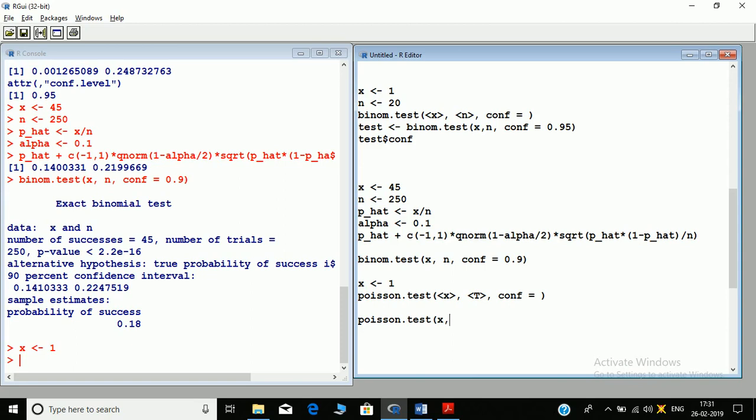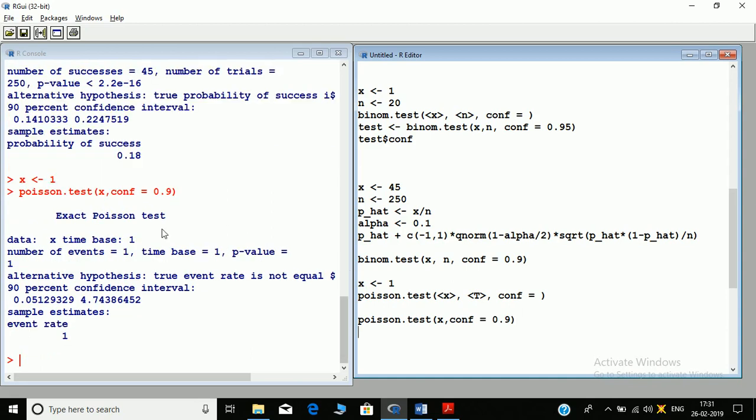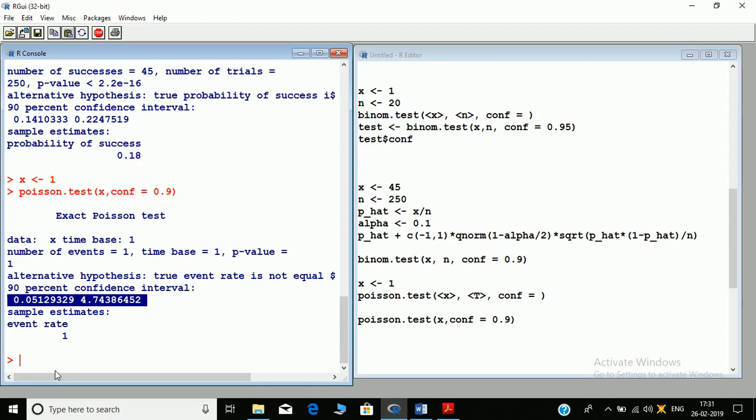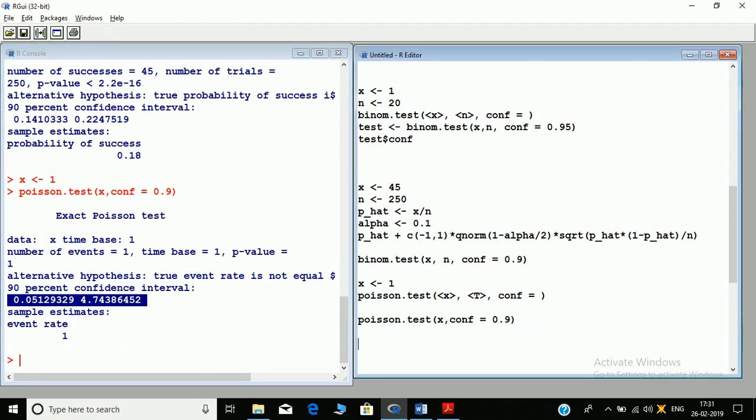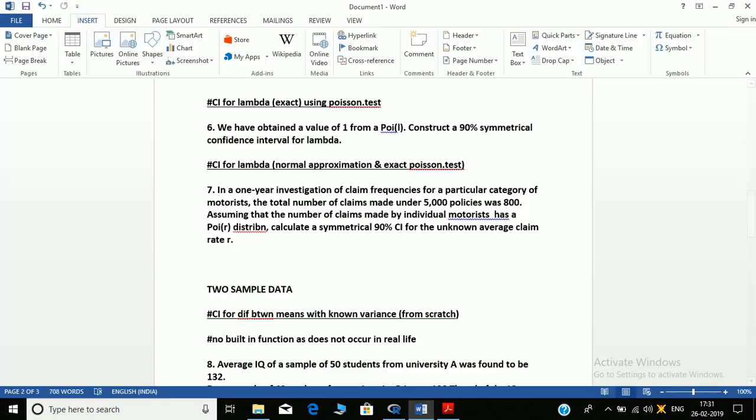T is nothing, so we will assume it's 1. We don't have to write it because default is 1. And then confidence level equals 0.9. So I get the exact Poisson test. This is the 90% confidence interval. Okay, let's do the next question.